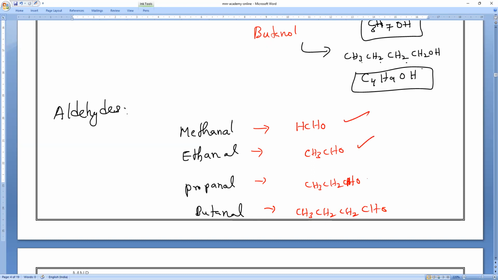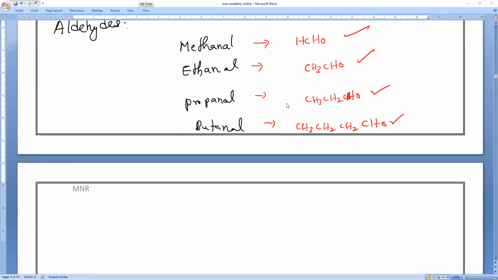So, these are the aldehydes, the homologous series of aldehydes, and you all need to learn at least up to butane. Everything, remember, up to butane. Seriously, you all should learn this for every homologous series. Understand? Very, very, very important. Aldehydes. Okay. Next, ketones. So ketones, will it start from methane or not? Everybody.